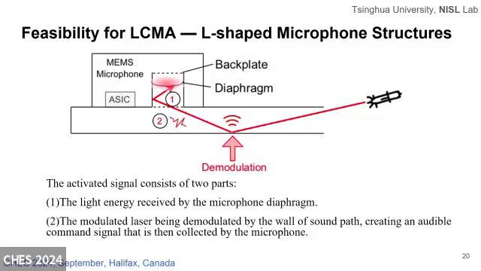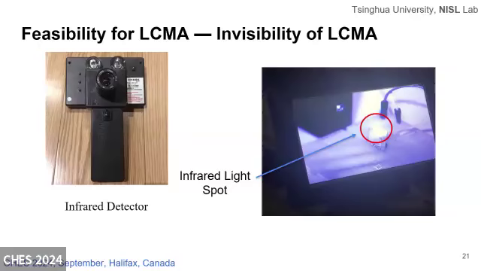In this test experiment, we find that even when we use the L-shaped structure, it does not work that well. We have also said that the active signal consists of 2 parts: the light energy and the signal that's demodulated in the path of the sound.